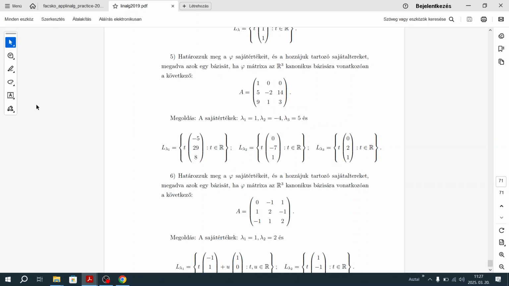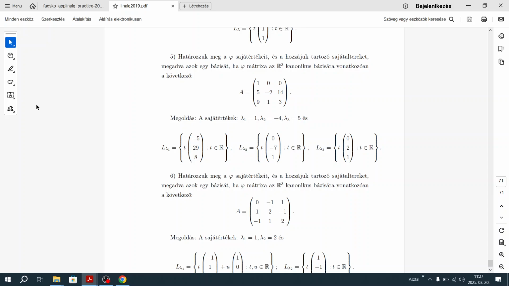So for example, 1 eigen, there are more, just I use this one. This is not true, this one. Okay, great.